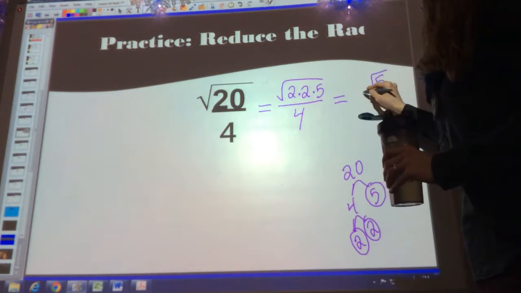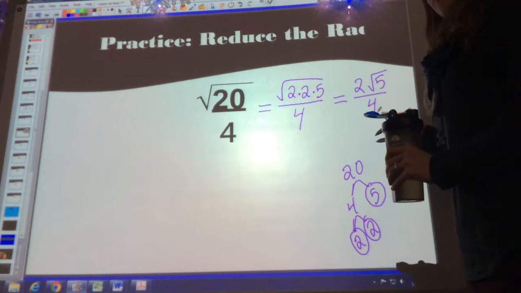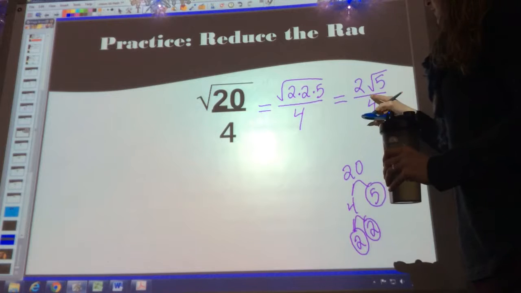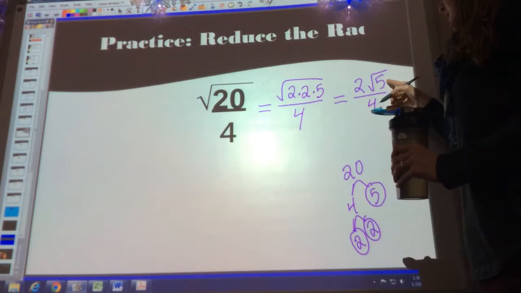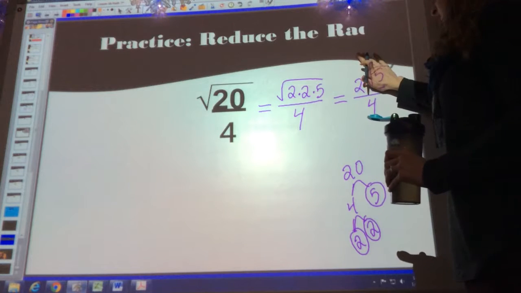Very good. What's going to be in front? 2. Do you see how this is being divided by 4 right now? Anytime we have a number outside our radical and inside, we can't divide the number that's inside our radical, so we can just put our hand over it.